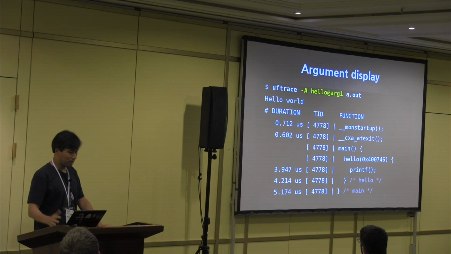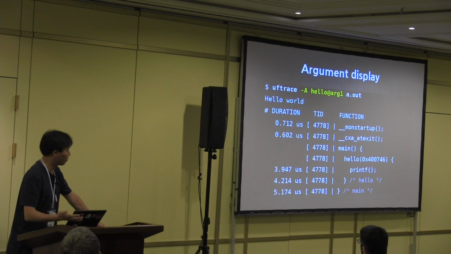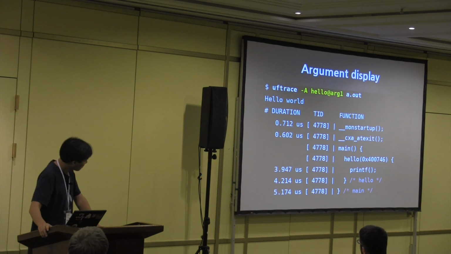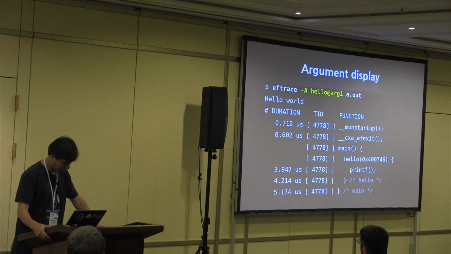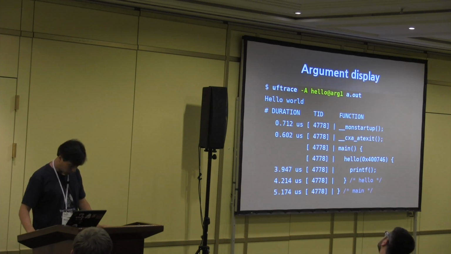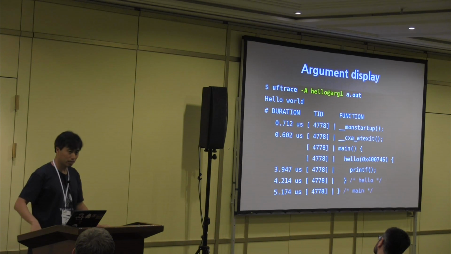It just simply assumes that all function arguments are integer arguments, as most simple cases use integer arguments. So you can see the hello program is called with the argument, which is actually a pointer to the static string.